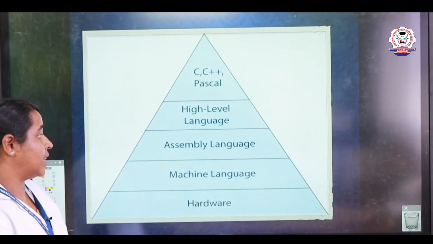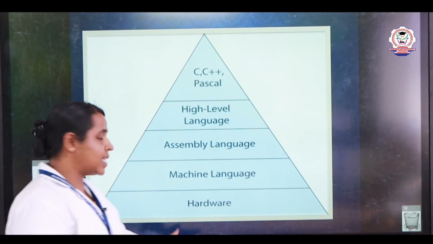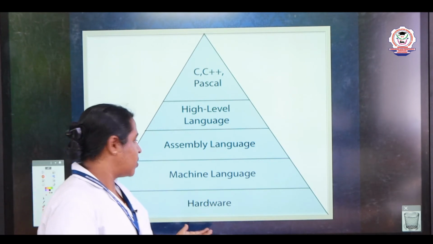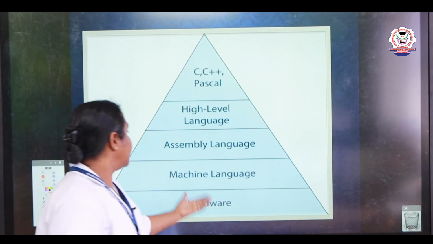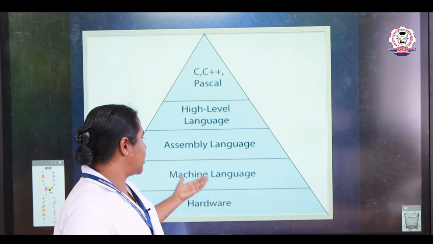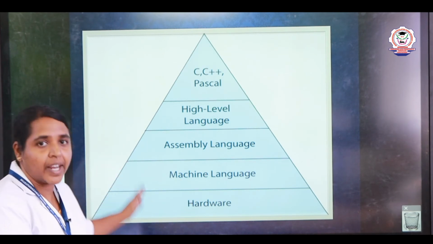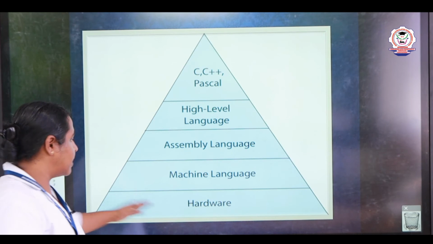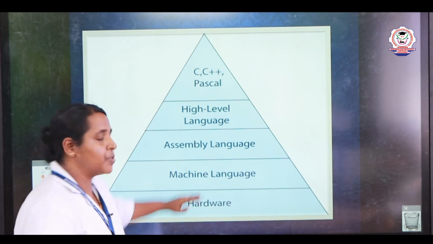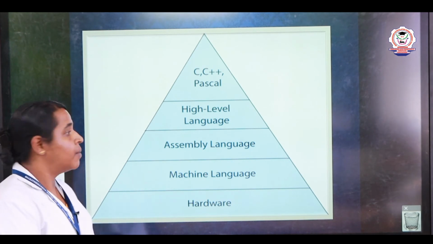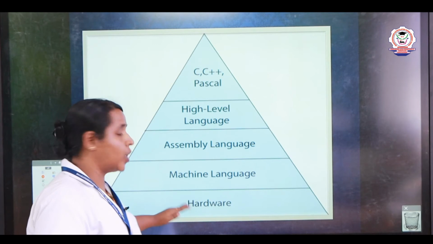Next we are moving to the triangle of programming languages. In the base you can see the hardware. We already know the hardware system. Near the hardware we use machine level languages, because machine level language depends completely on hardware.